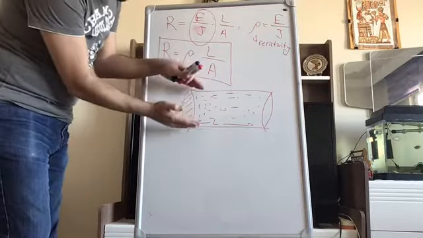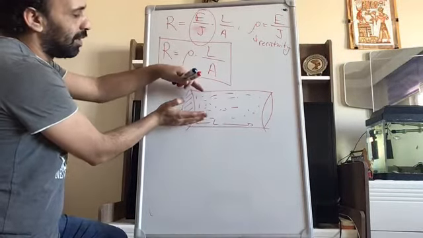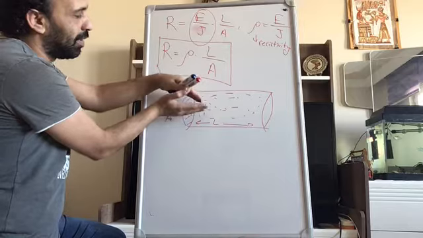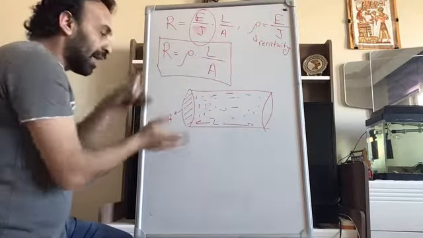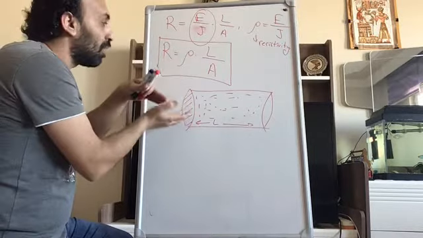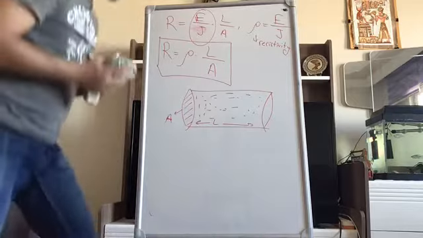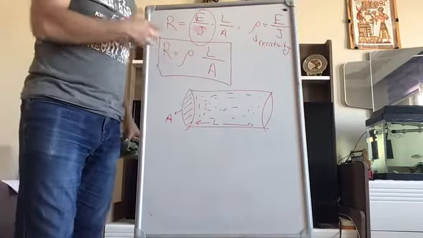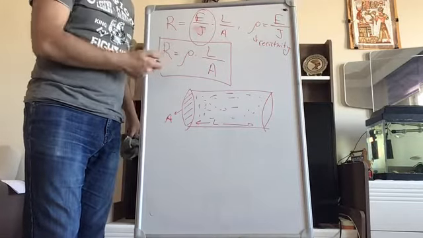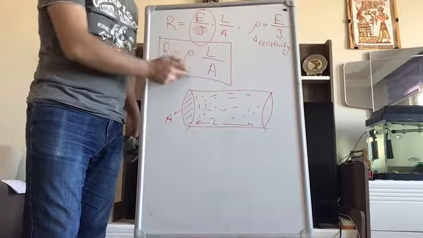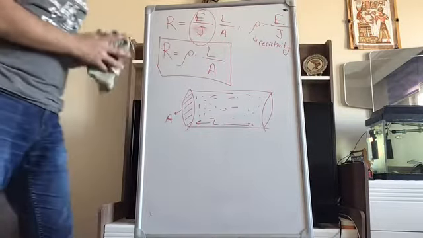Or if you shrink the area, if you make it less thick, then A will be smaller and R will be large. So actually, a small area will give you a greater resistance. So the resistance of a material against the motion of electrons is relevant to its atomic structure, encoded in rho, and its geometry, L over A.